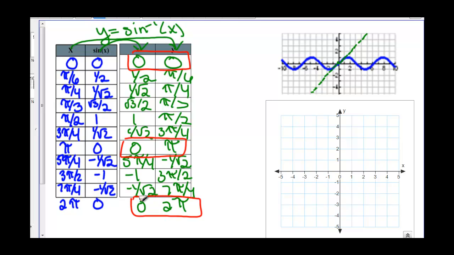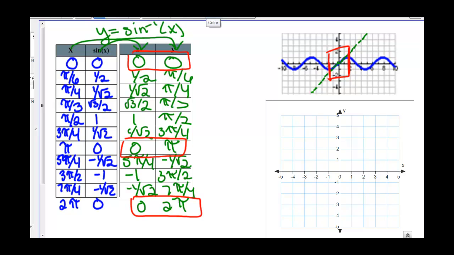So we have to restrict our domain so that we do not have these repeating values. The domain we're going to restrict ourselves to is negative pi over 2 to pi over 2. When we restrict ourselves to this box, we'll get a function that will pass the vertical line test.